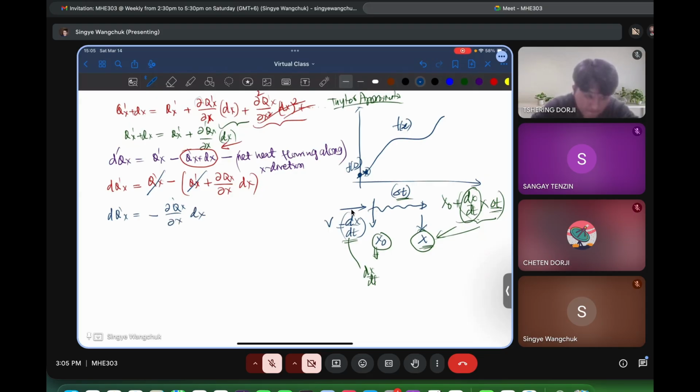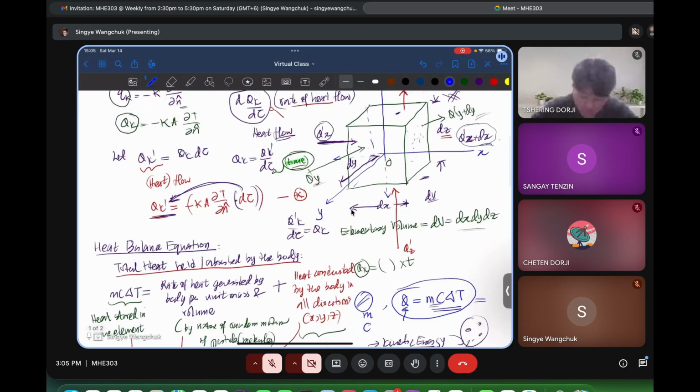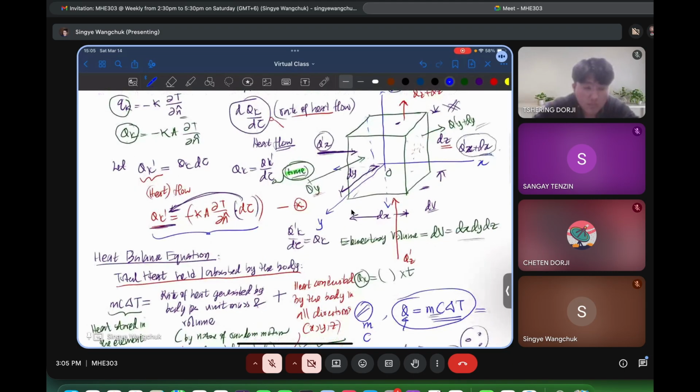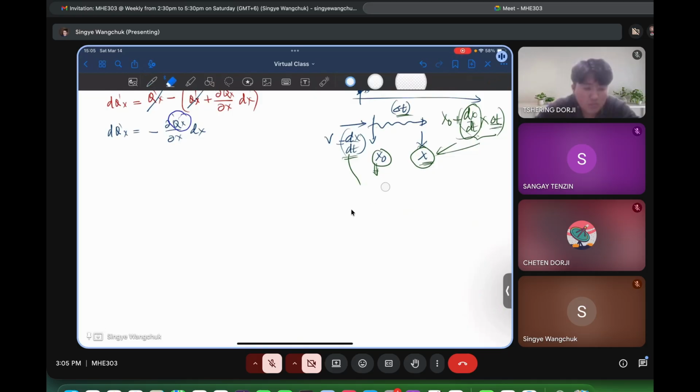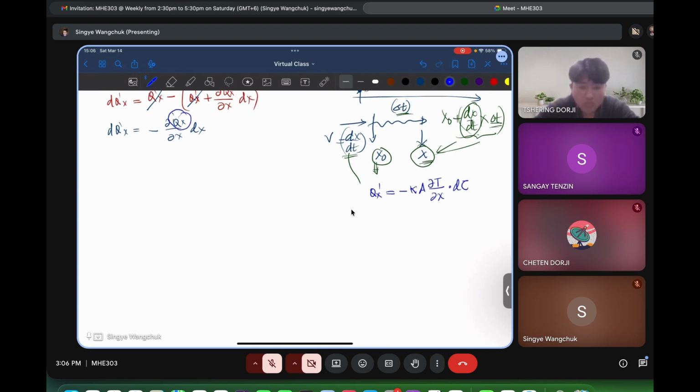So from here you have to get the expression for this q' x, and for q' x you have to refer to this equation. So from here what we got is q' x equals, by Fourier's law, minus k A ∂T upon ∂x times dτ.